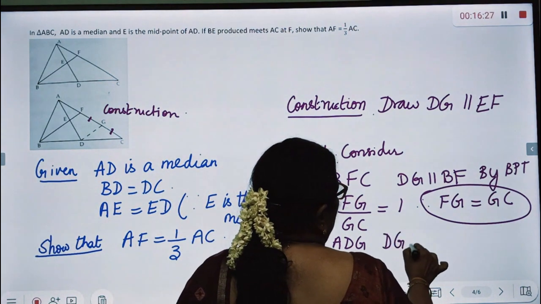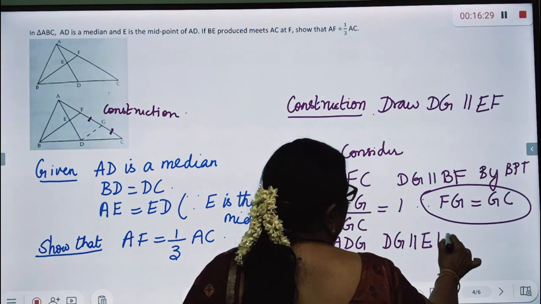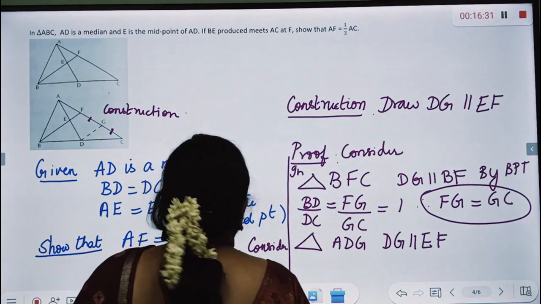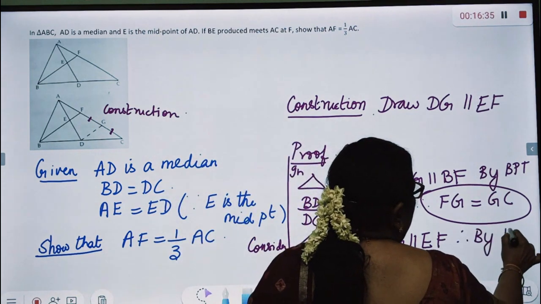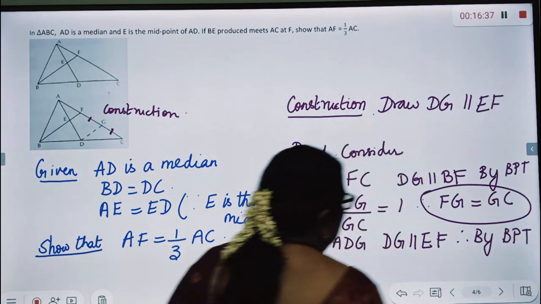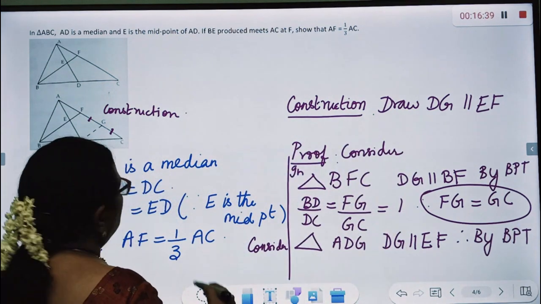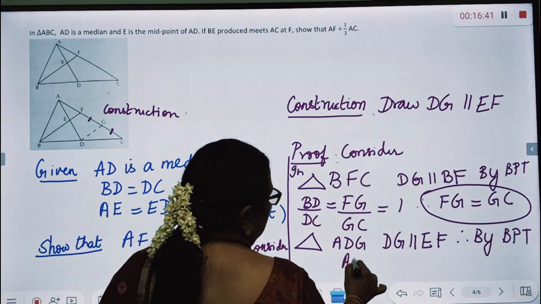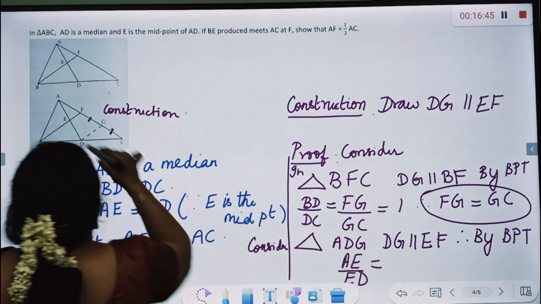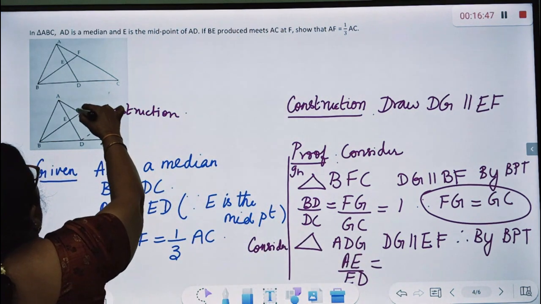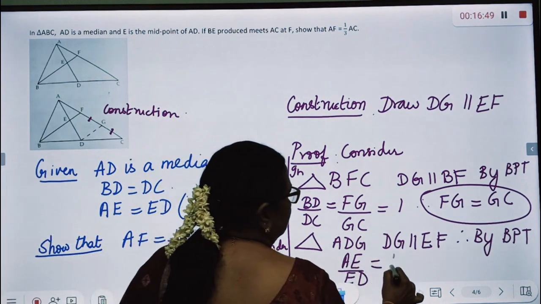Therefore, by BPT, what do you get? AE by ED is equal to AF by FG.